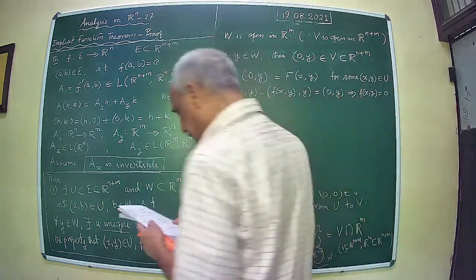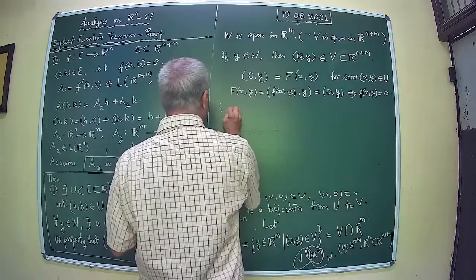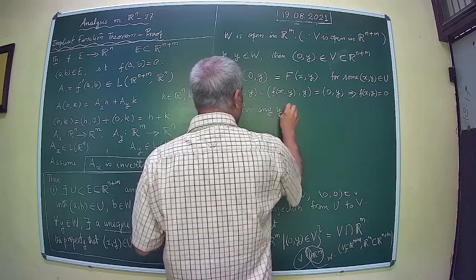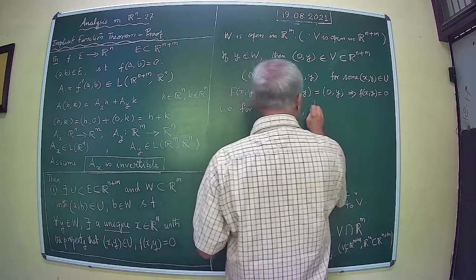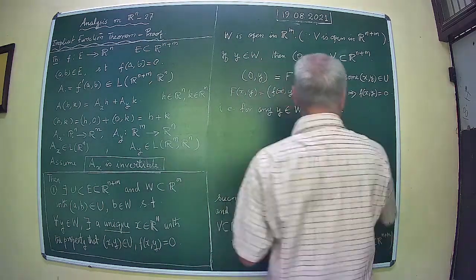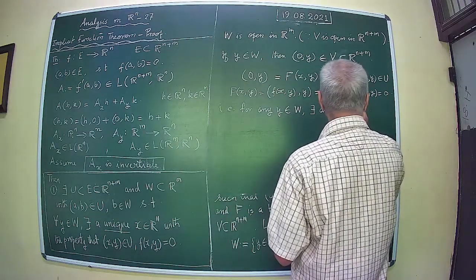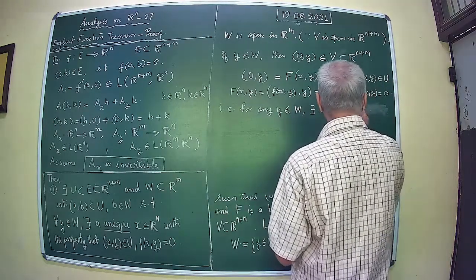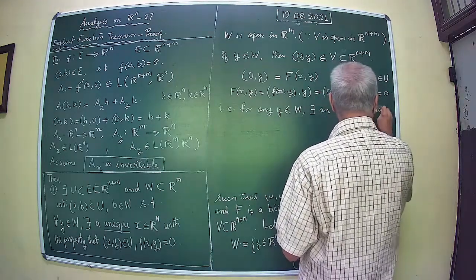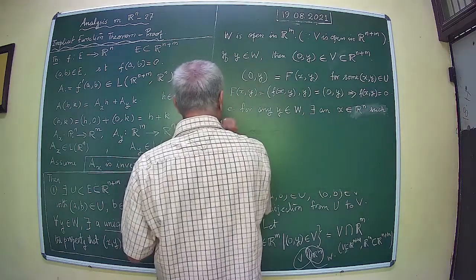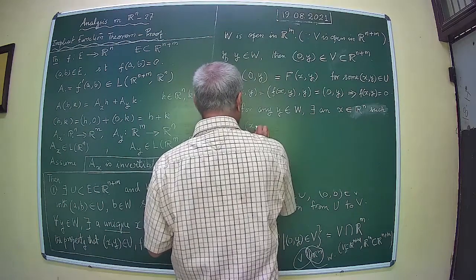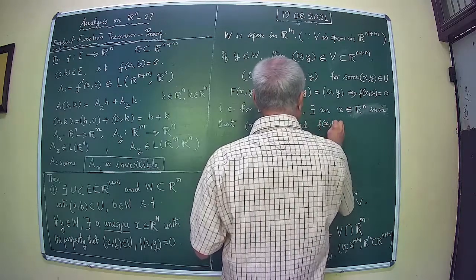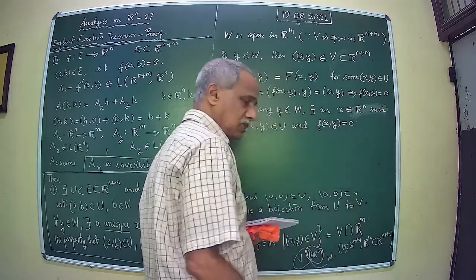That means for such a y, that is for any y belonging to W, there exists an x such that, in fact this x belongs to Rn, such that f of xy is equal to 0.